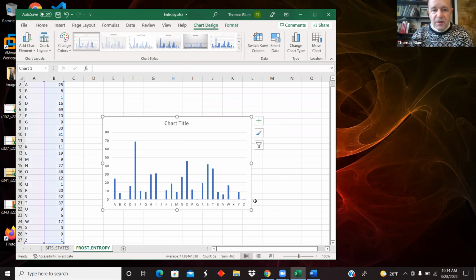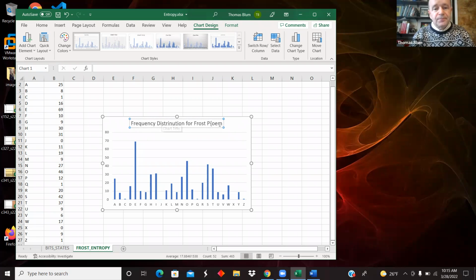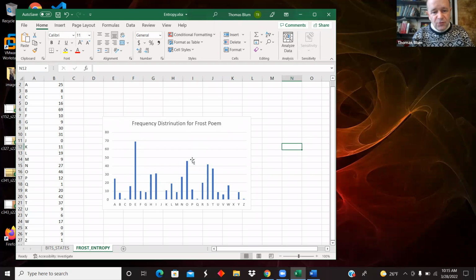So I'm just going to make a column chart here, and this will be the frequency distribution for the Frost poem. Okay, so we see high frequencies for the vowels and certain common letters and very small ones, and there are no J's and no X's and only one C and one Z.